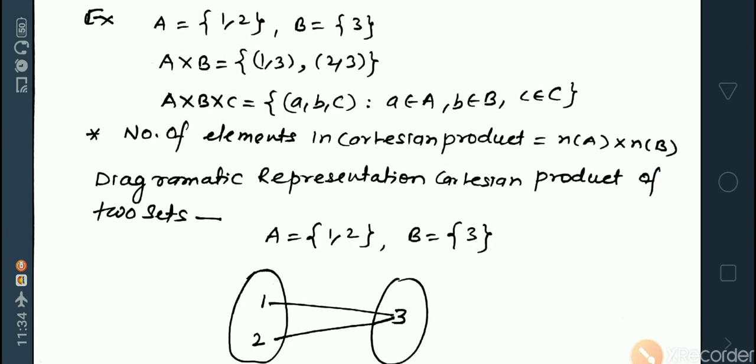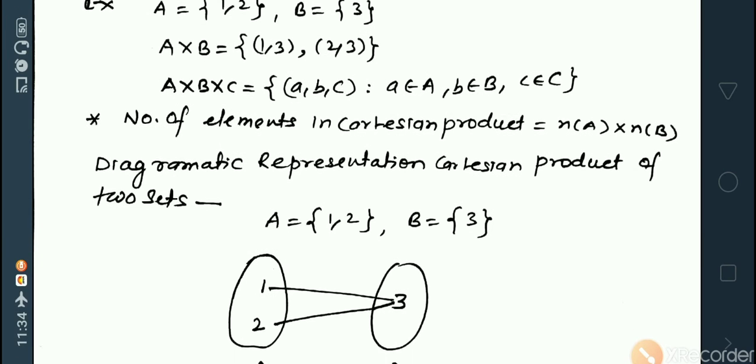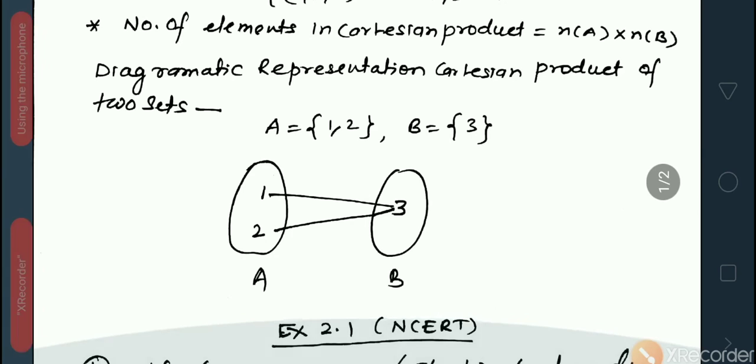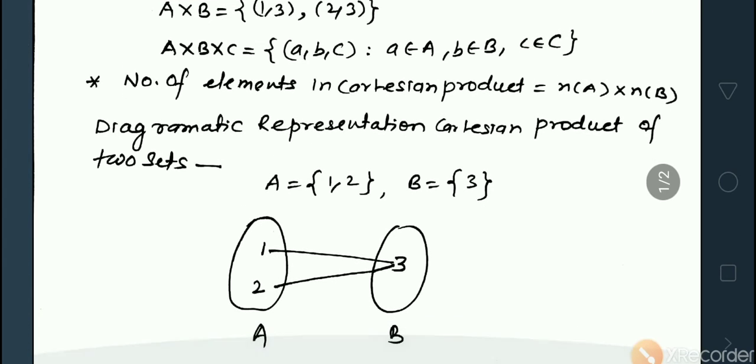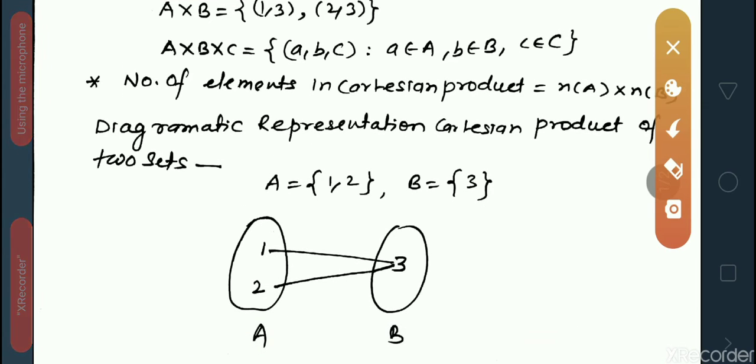Now diagrammatic representation of Cartesian product of two sets. In this section we shall understand how we can visually represent Cartesian product of two sets. First we have written set A and after that set B. A has elements 1 and 2 and B has only one element, that is 3. 1 will be related to 3 and 2 will be related to 3.